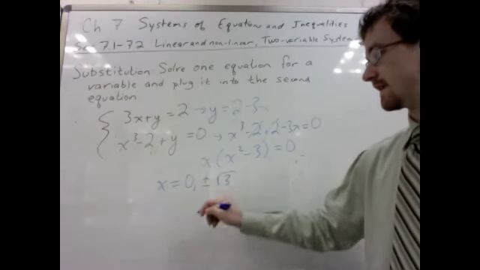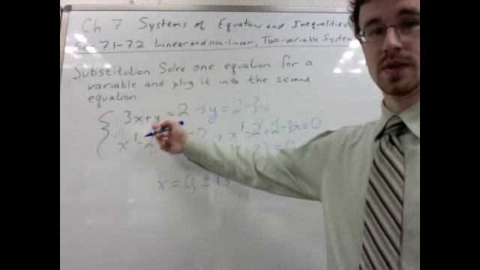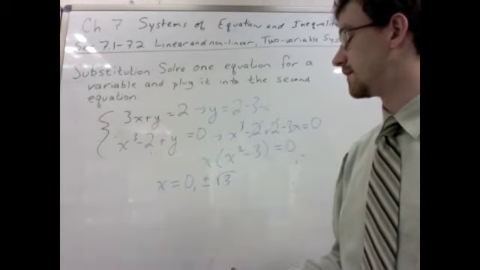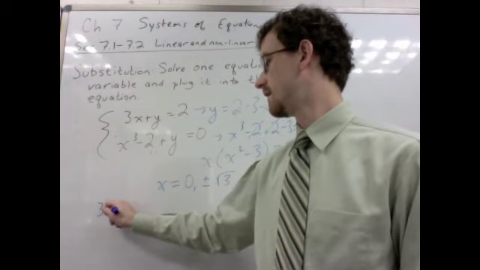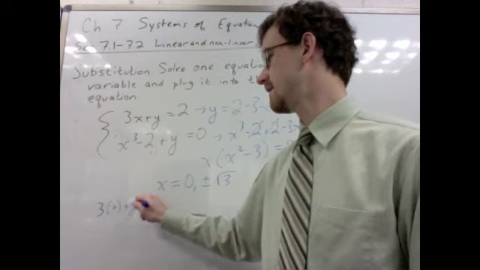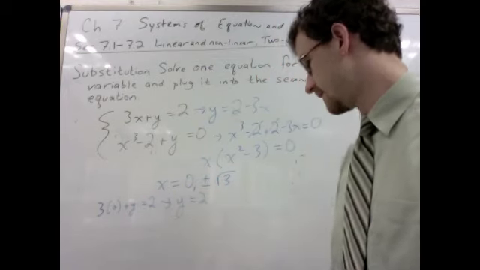So these are our possible values for x, and we can plug these into our first equation to get all of our possible values for y. We have 3 times 0 plus y equals 2. That gets us a value of y equals 2.